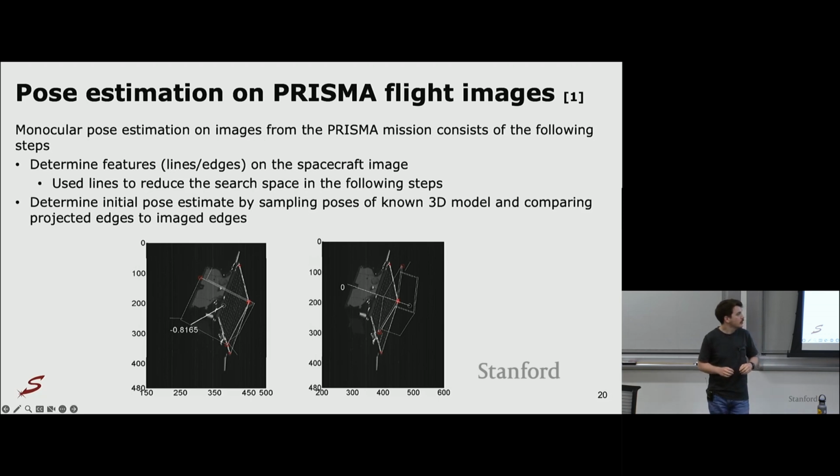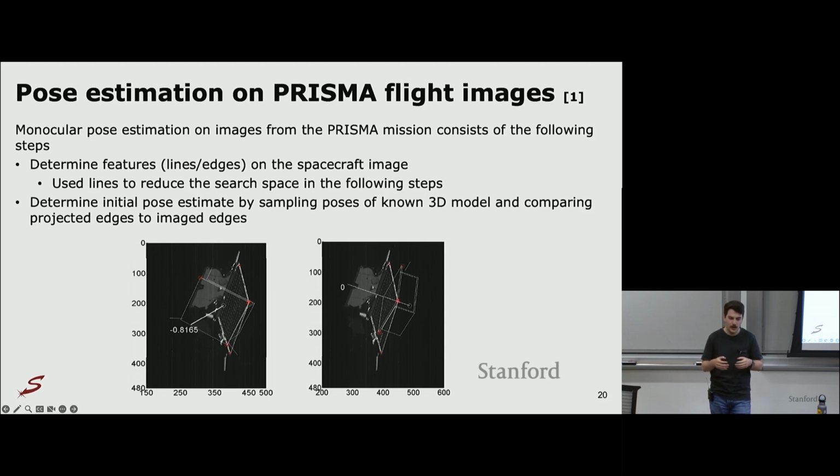You can also get smart and sample poses that are feasible. You're not going to sample a pose that's behind you, because the camera can't image that. And in general, the camera has a field of view that looks like a cone. So you can sample poses along that cone. Then you reduce your search space quite significantly. Instead of searching all over the world, you search specifically along that cone.